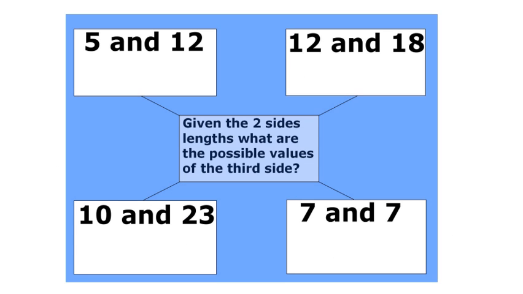So let's try a couple more. What are the possible values of the third side? So we add the two numbers, and we subtract the two numbers. So if we add these two numbers, we get 17.